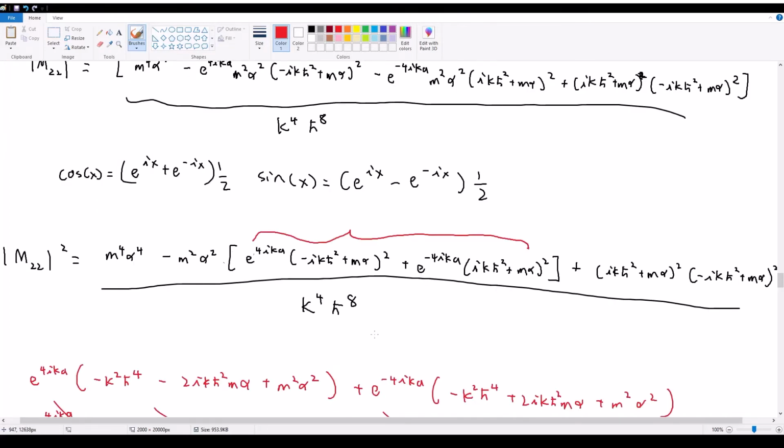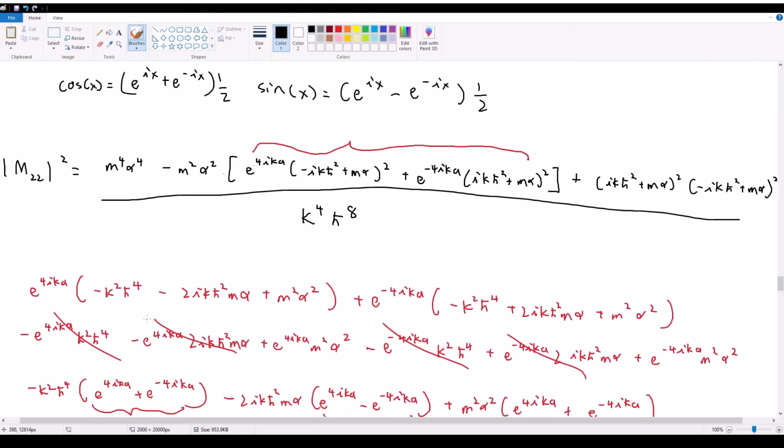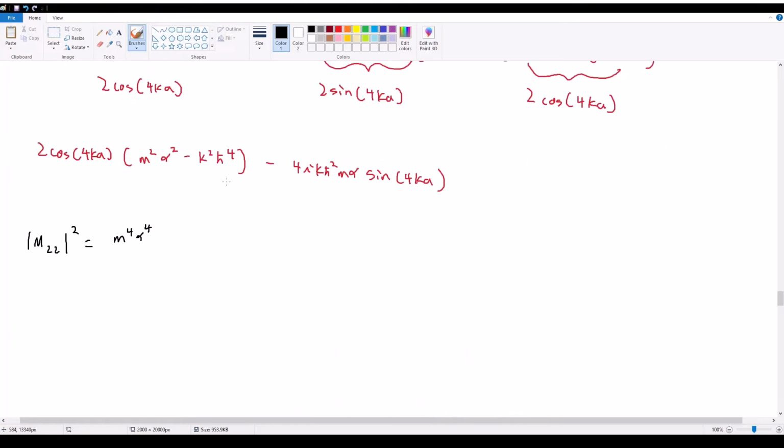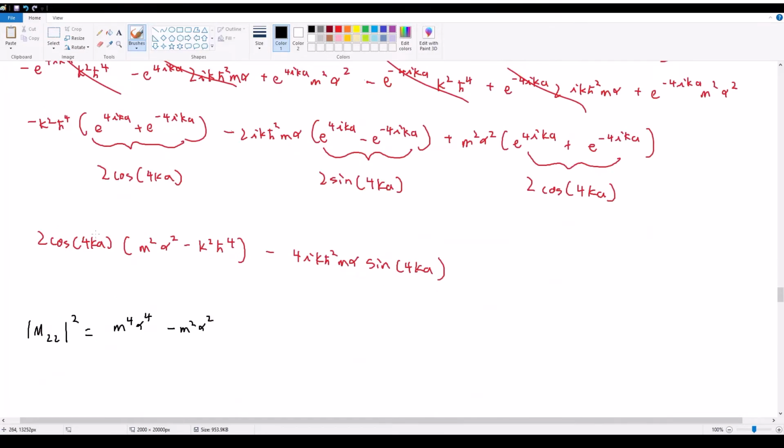If I shove that in, then what we have now is that the magnitude of m22 squared is equal to m fourth alpha fourth at the front, and then subtracted by m squared alpha squared multiplied by this expression.